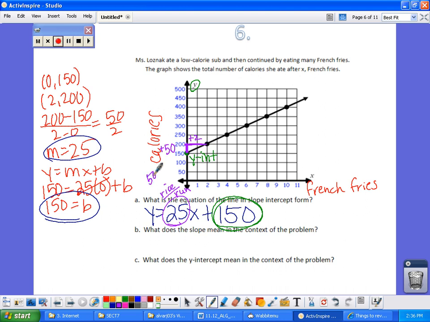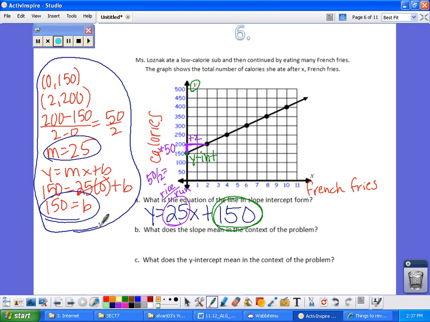So this would be 50 divided by 2, which then gives you the 25 that you have. If you are very comfortable with looking at graphs, you can go ahead and just look at the graph and write an equation. But I will tell you that this method over here is the sure way to get it every time if you're not sure about it.